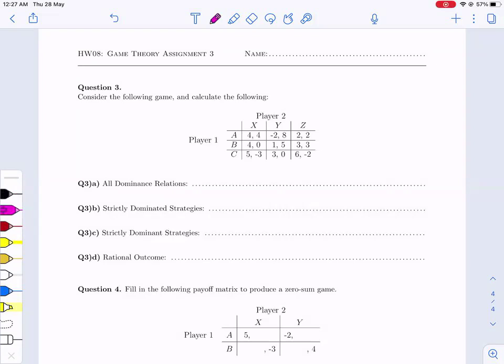Now, let's talk about that. Whenever you're looking at dominance relations, see that you're comparing strategies for a fixed player.